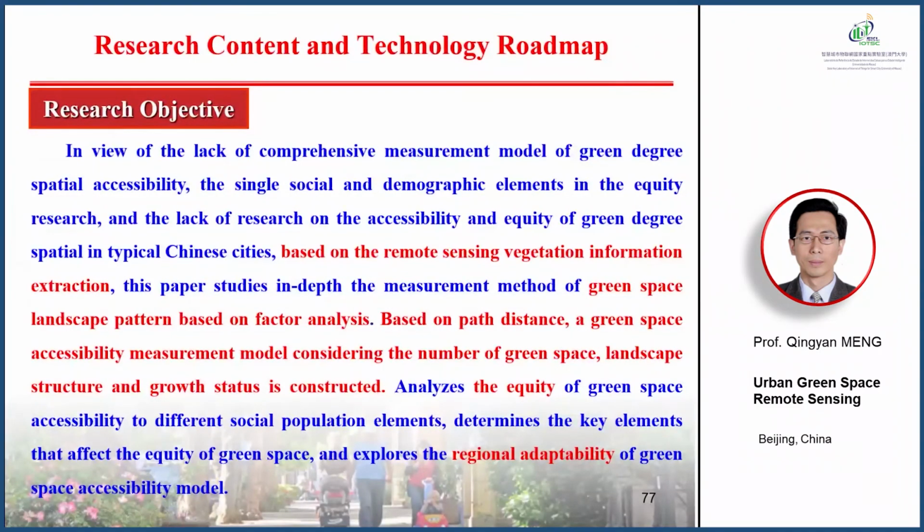The research objective: based on the remote sensing vegetation information we have retrieved, we want to study in depth the measurement method of the urban green space landscape pattern based on factor analysis.